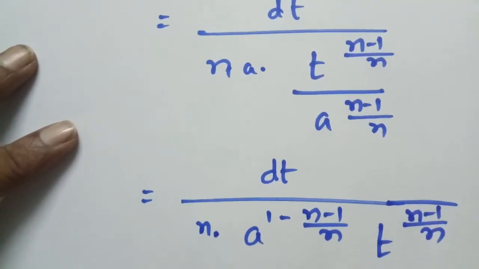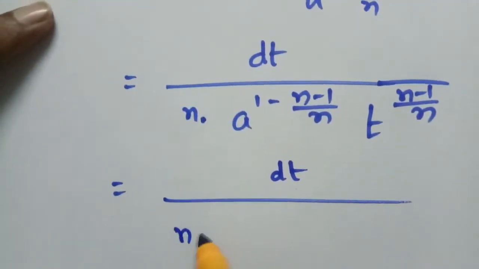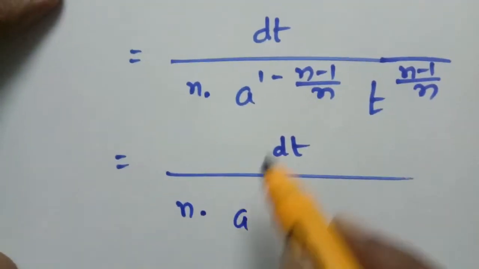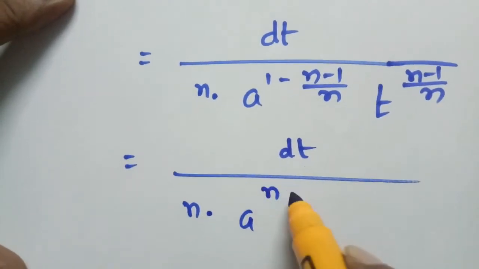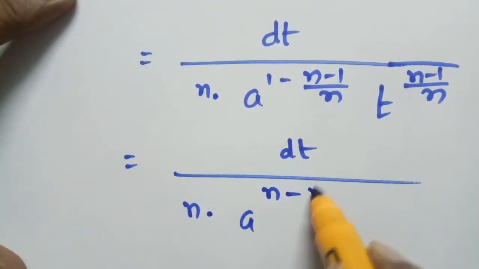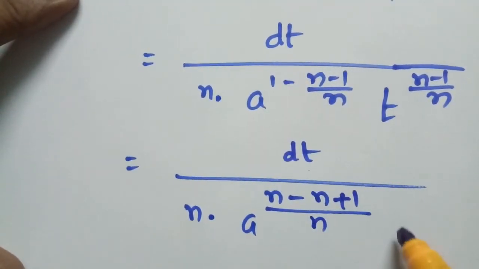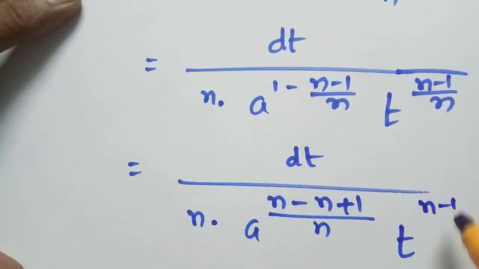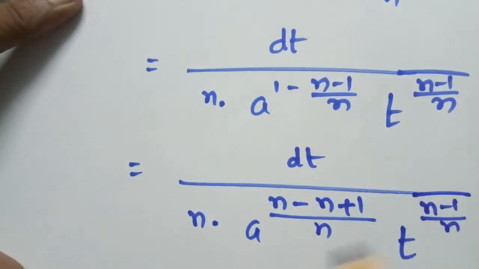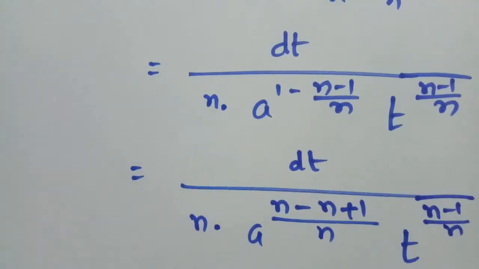Therefore, dt by n into a to the power of (n minus n plus 1) by n into t to the power of n minus 1 by n. Therefore, here n gets cancelled.